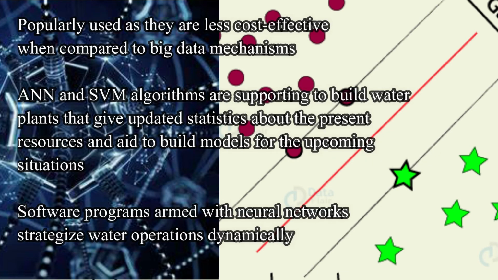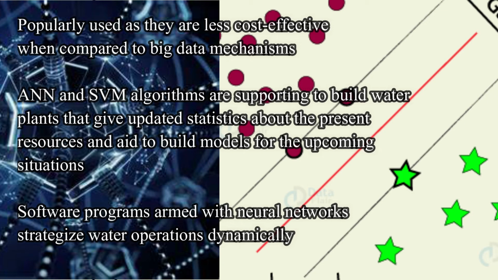These two AI techniques are popularly used as they are more cost-effective when compared to big data mechanisms. Artificial neural network and support vector machine algorithms support building water plants that give updated statistics about the present resources and aid in building models for upcoming situations.